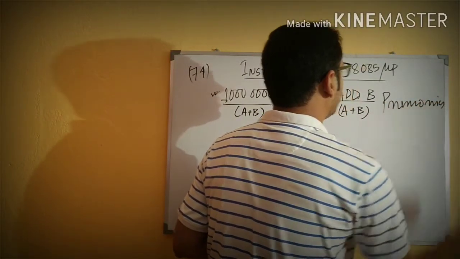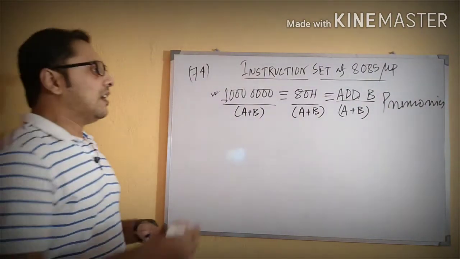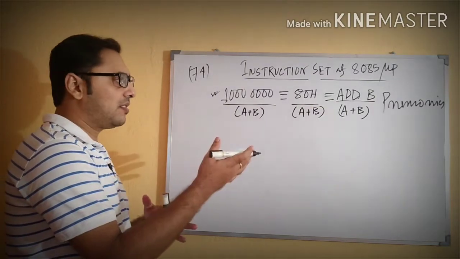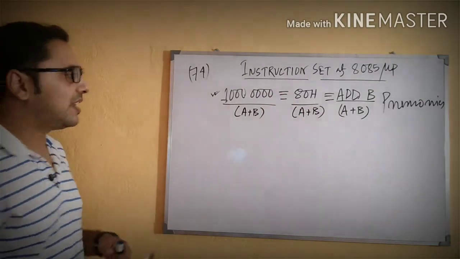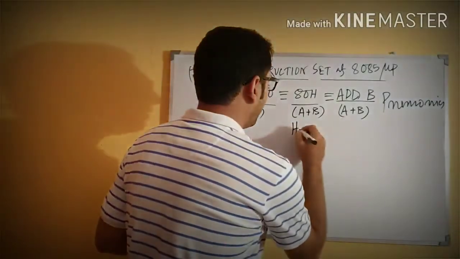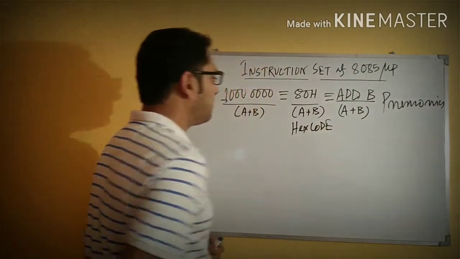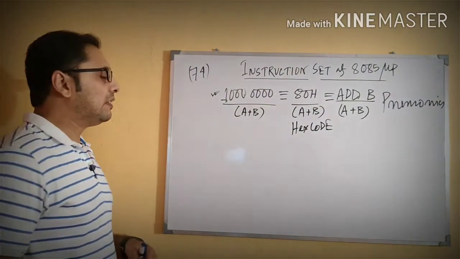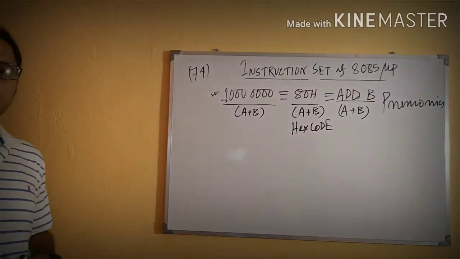Mnemonics, spelled M-N-E-M-O-N-I-C-S. When we write instructions in English-like words, that is called mnemonics. When we represent instructions in hexadecimal numbers, it is called hex code. And if we write instructions in binary numbers, that is called machine language.